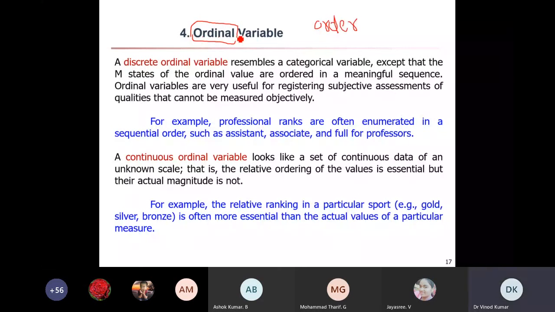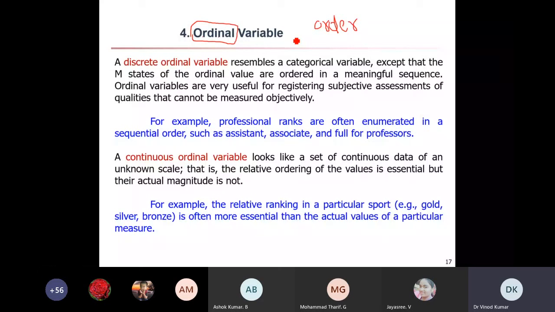This name comes from order. Categorical means it will have discrete values like red, blue color, or male, female and transgender, or whether it is hot, it is warm, like that.